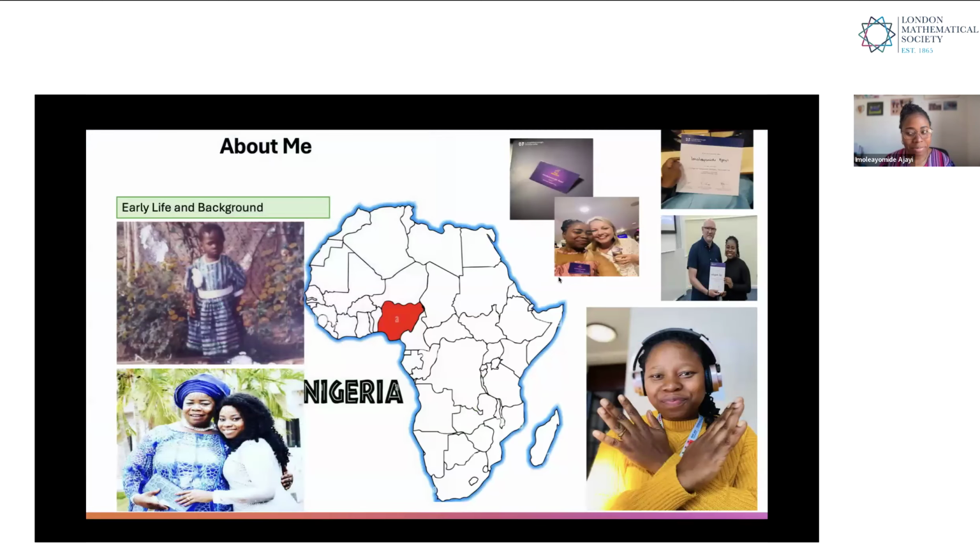So let me take a moment to share a bit about my journey, where I come from, and the experiences that have shaped who I am today as a Black woman in mathematics. So early life and background is on the top left, you see the picture of a little me, which I think is really cheeky.